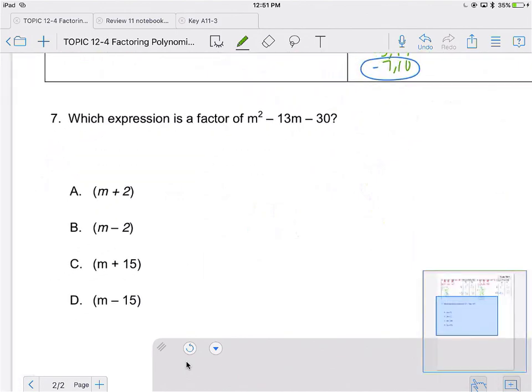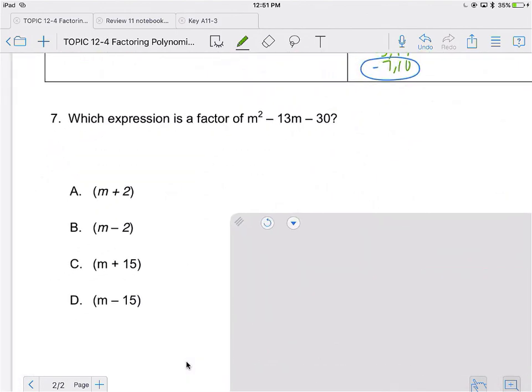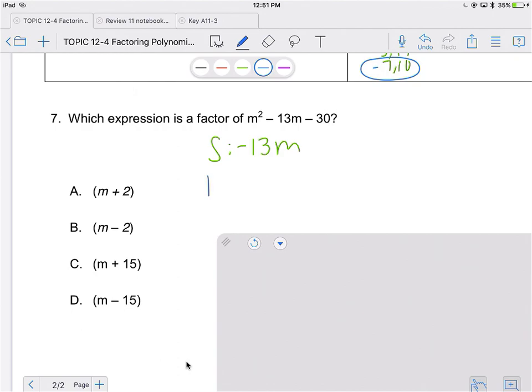The last question asked me which expression is a factor of m squared minus 13m minus 30. So basically what I'm going to do is factor and figure out which of these is a factor. I'm looking for something that sums to my middle term and multiplies to my product.